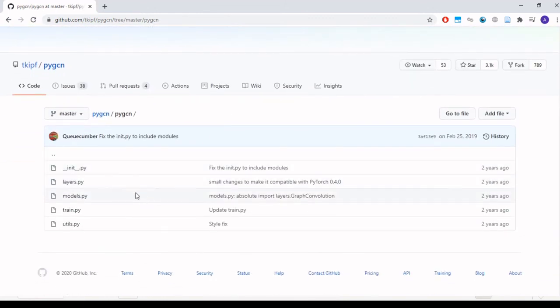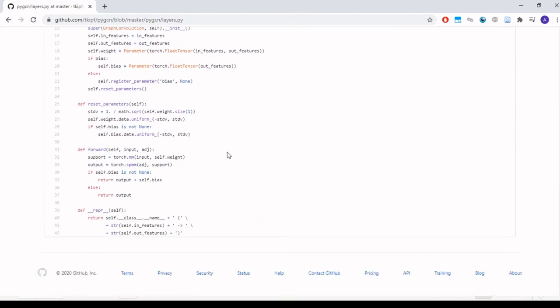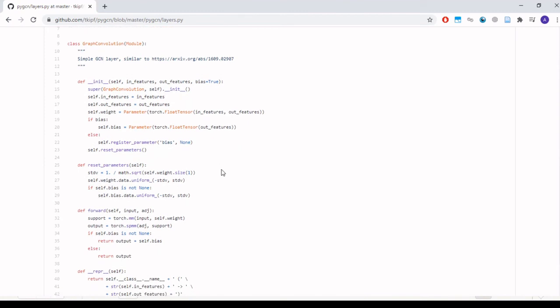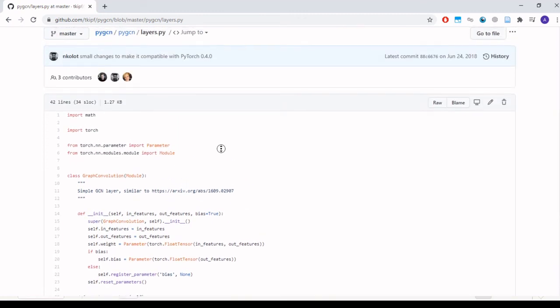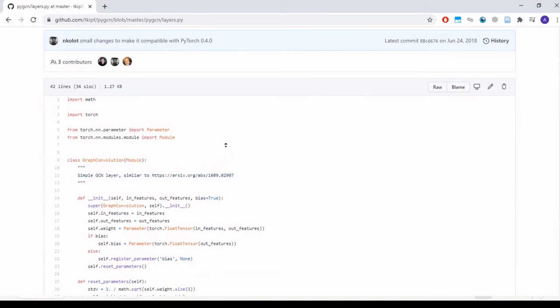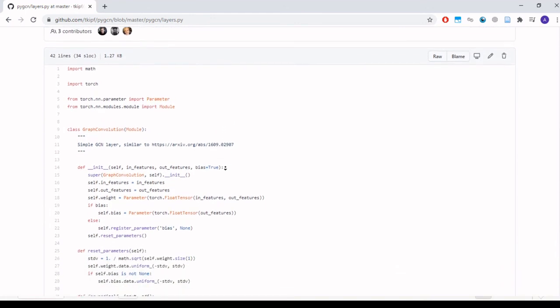When we have the ideas written down, what we write in PyTorch is just a direct translation of what we wrote on paper, with a little bit of jumping around to make sure that everything is separated into functions, etc. So let's look at the implementation provided by the authors of one of the pioneer papers on graph convolutional neural networks.